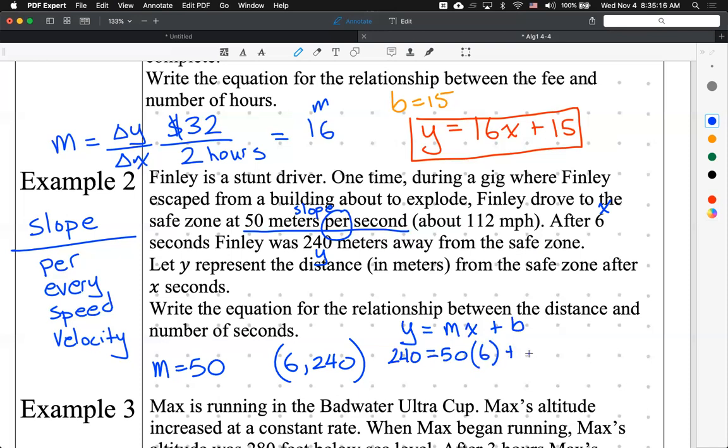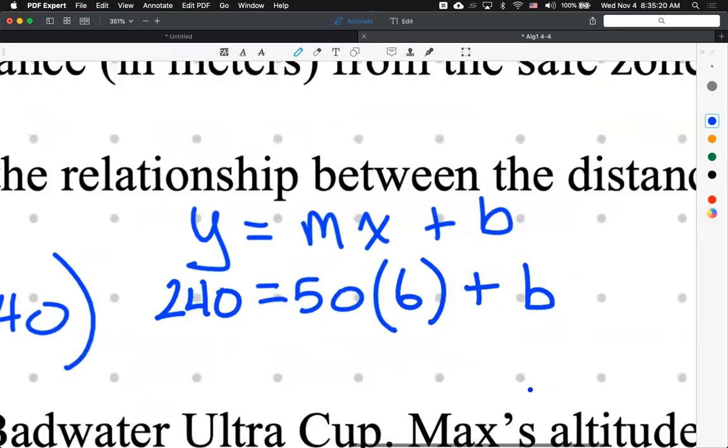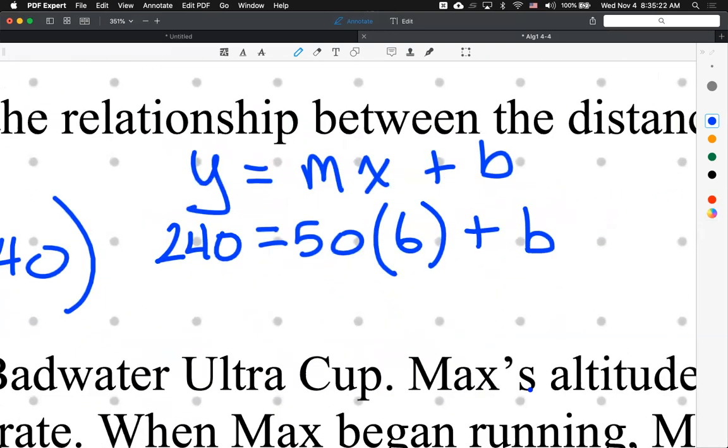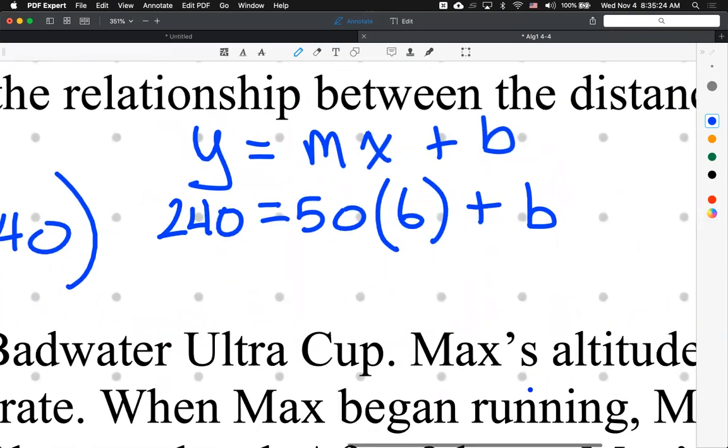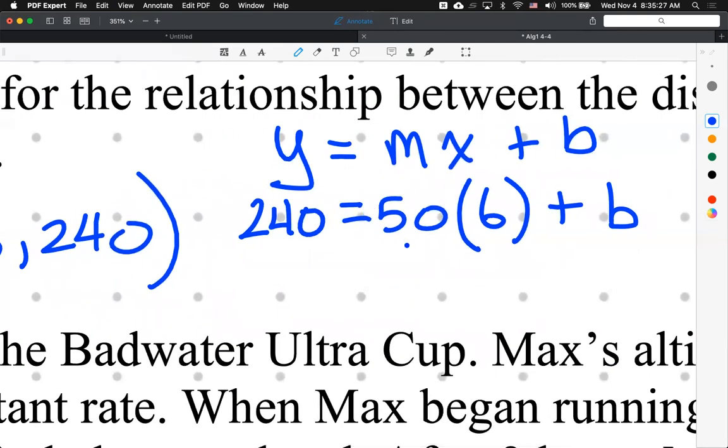Six, and then we say plus b. Nice, and I'll zoom in here so that everyone can actually see what's going on. We have y equals mx plus b. We substituted in our 240, our y value. M we know is 50, x we know is 6. If we substitute every piece of information in, we should be able to solve for b.